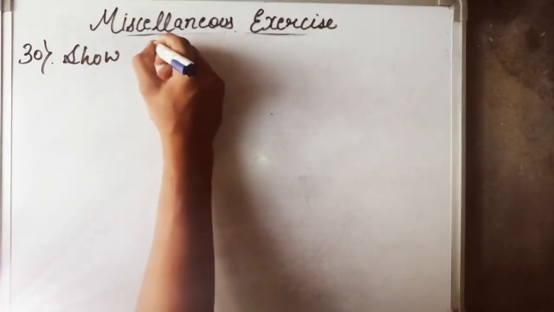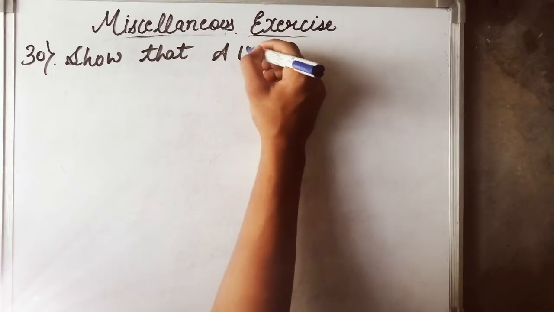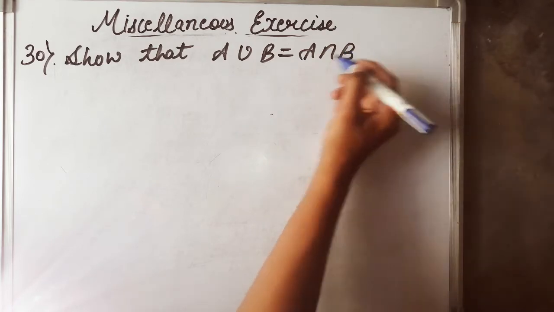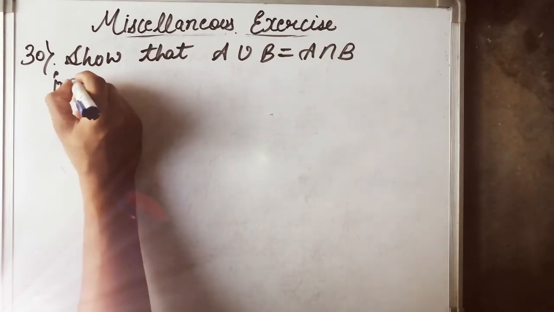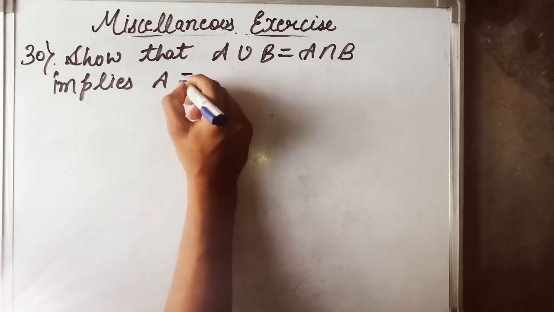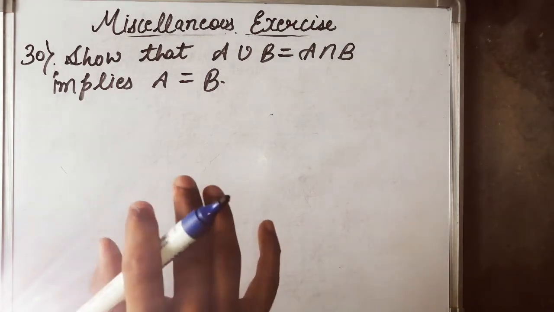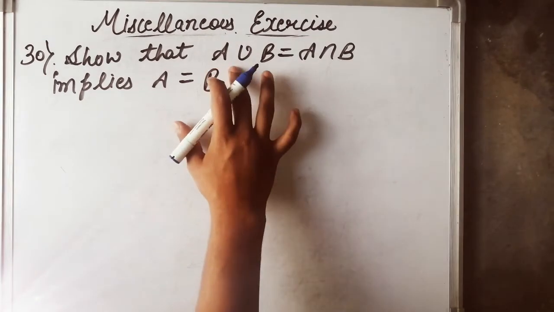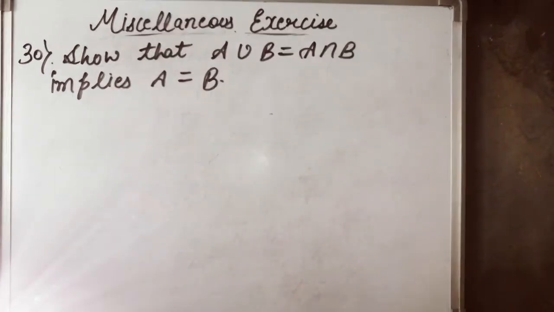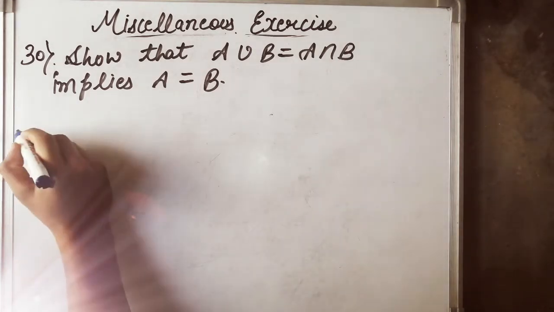Show that A union B equals A intersection B implies A equals B. Let's read out the statement once again. Let's talk about the solution of this question.